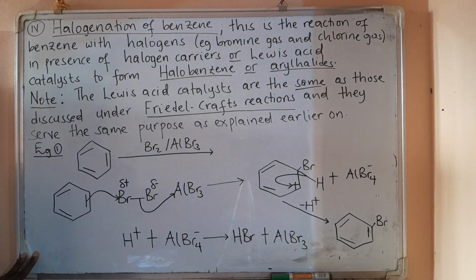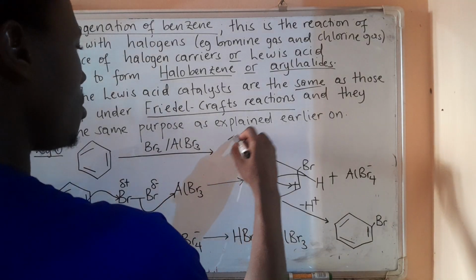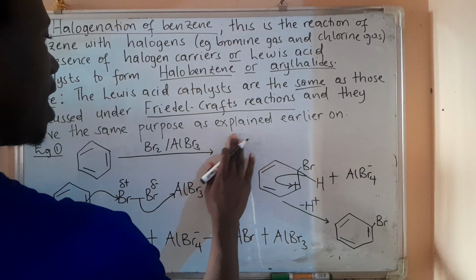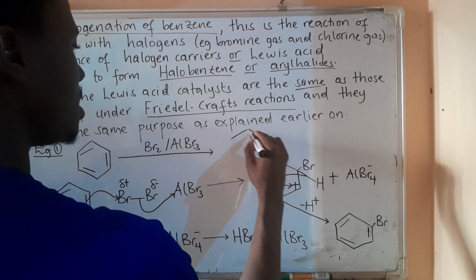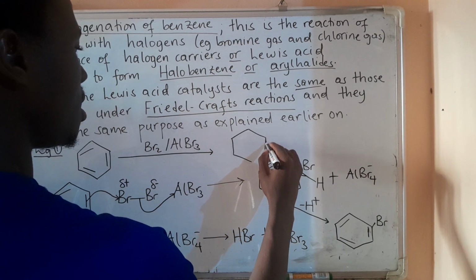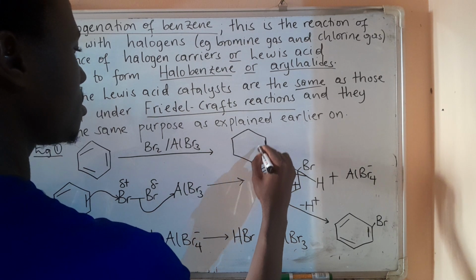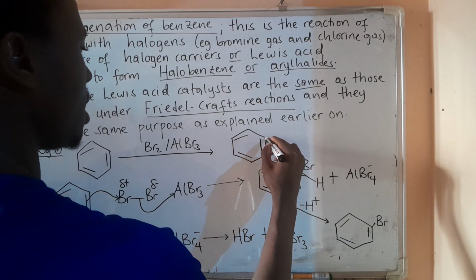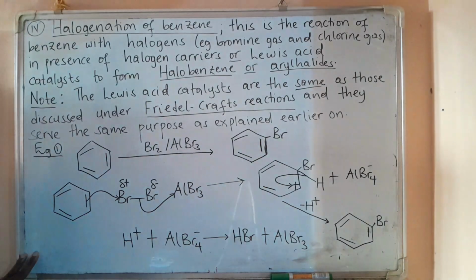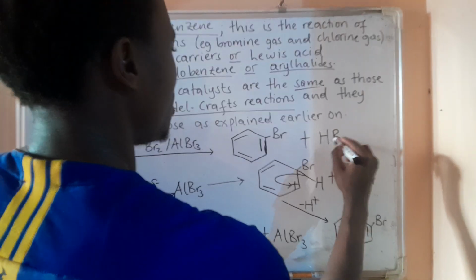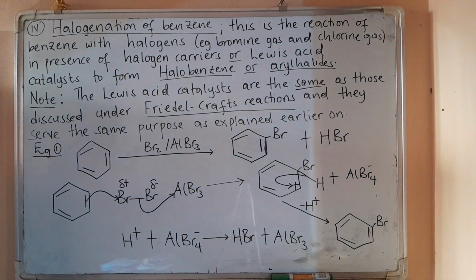Here I have bromobenzene. I hope you are not going to ask me the name of this compound. I have already mentioned it. It is bromobenzene. Bromobenzene plus hydrogen bromide. That is the first example.